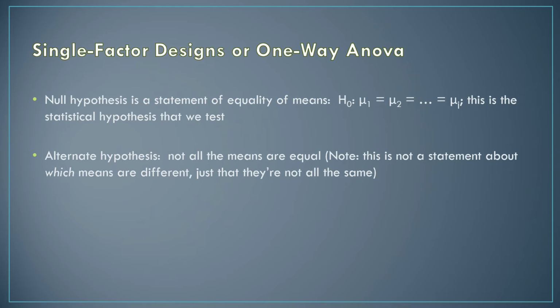The null hypothesis for these single factor designs or one-way ANOVAs is all about the equality of the means. So are the means equal? And this will be very similar to all of your ANOVA designs, because ANOVA is that comparison of means across groups.